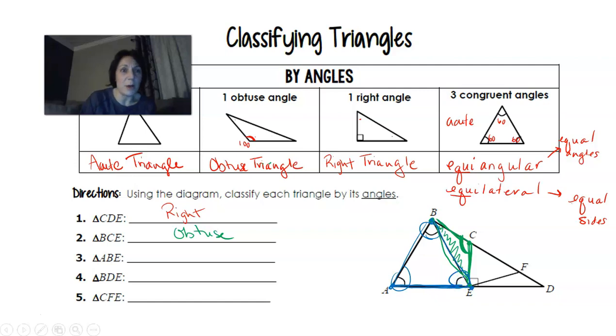We learned a while back that anytime things in a diagram are marked the same, that means they're equal. So if these three are marked the same, that is equiangular. That is such a big word, right? Equal angles.